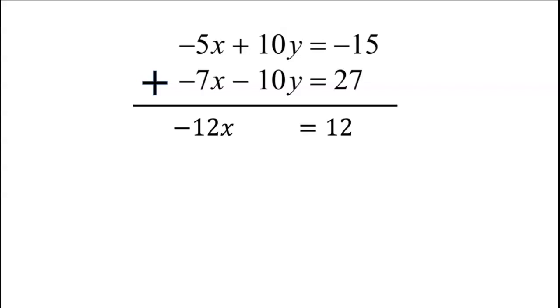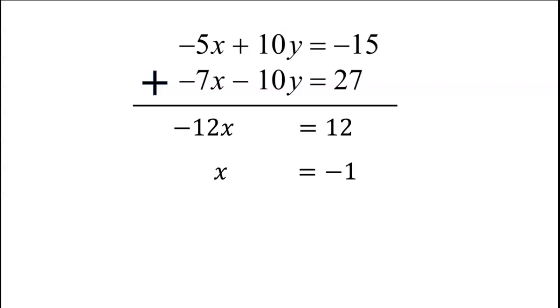Now we have a single equation with one variable, really easy to solve, so we're going to divide both sides by negative 12, and that gives us x is equal to negative 1. Now to figure out the y variable, we're going to take that negative 1 and plug it back into either of the first two equations in for x.